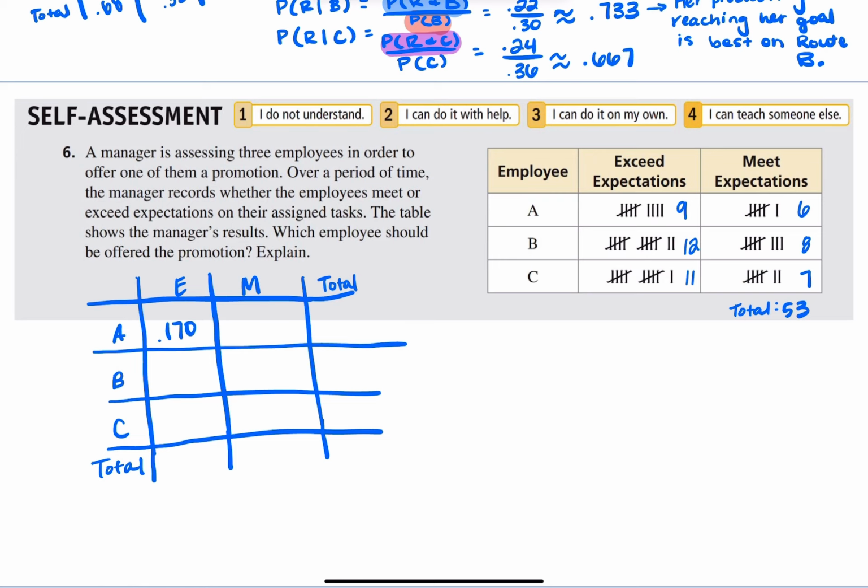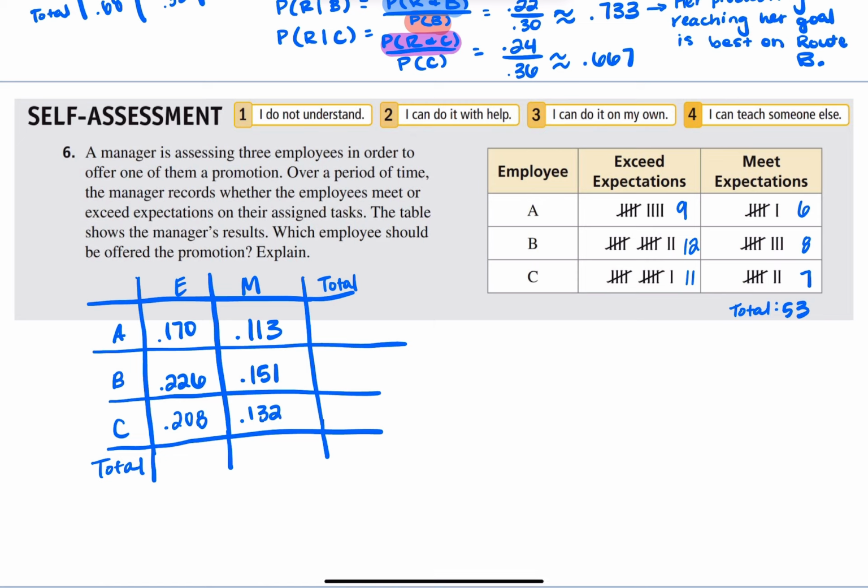For A, meeting expectations, that's 6 over 53, which is 0.113. For B, 12 over 53 is 0.226. And then 8 over 53 is 0.151. For C, 11 over 53 is 0.208. And then 7 over 53 is 0.132.